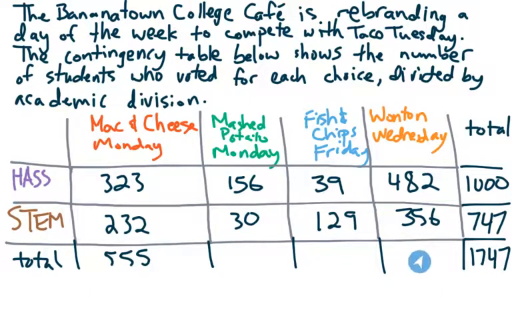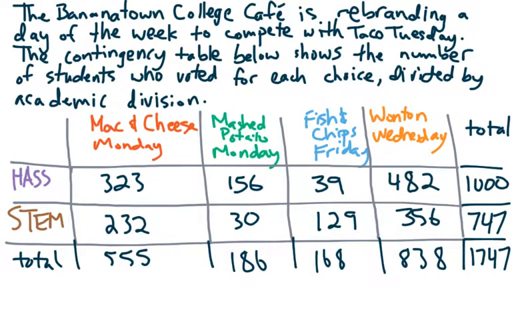So go ahead and find these other three and check that this plus this plus this plus this is equal to the total number of students also. And in 3, 2, 1, let's check. And when we add up each of these four numbers, we should get 1747.